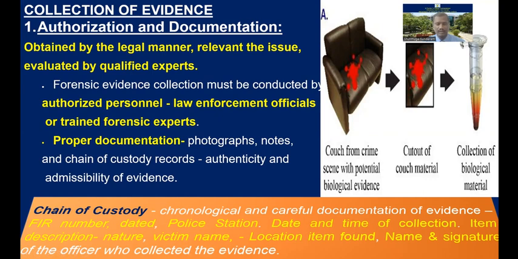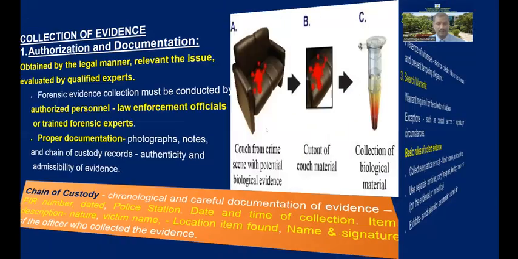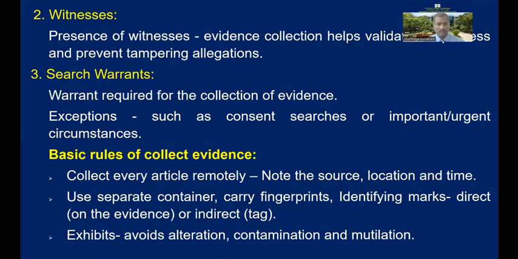That means careful documentation of the evidence: you have to clearly mention the FIR number, the date, police station and officer, the date and time of collection, the items and descriptions, the nature of the evidence collected in the crime scene, victim name, location, the item found, and the name and signature of the officer who collected the evidence. This is the context of the chain of custody. You have to understand that.